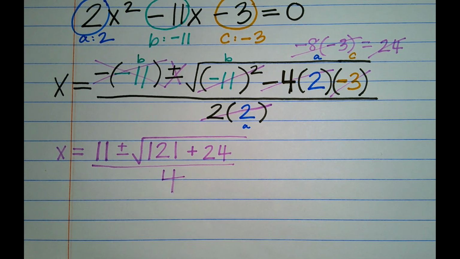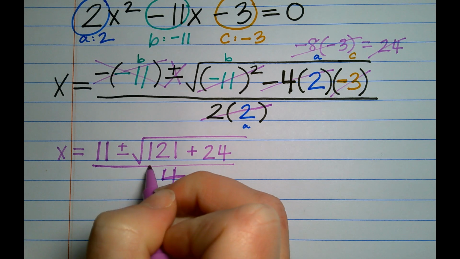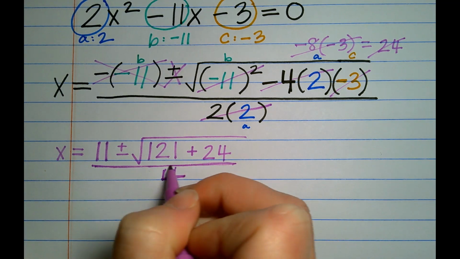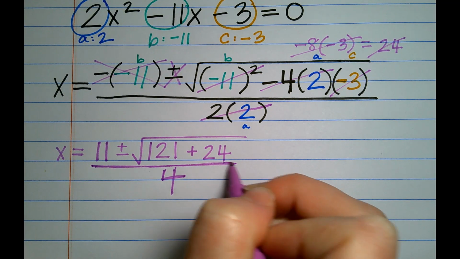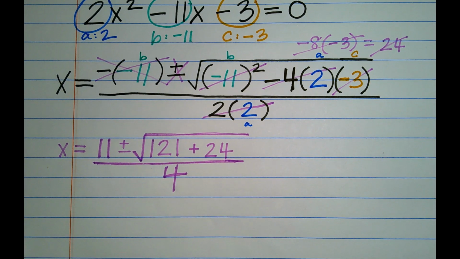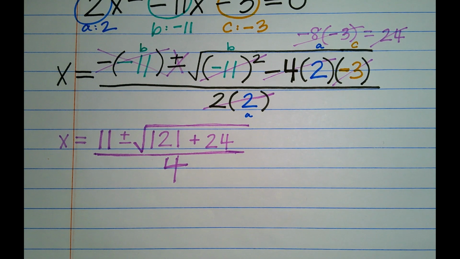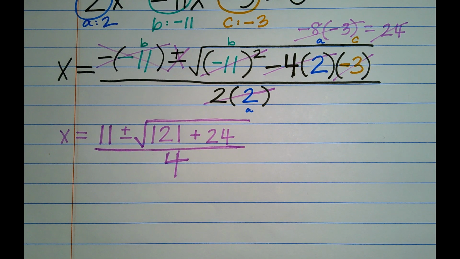Okay, so we've rewritten just about everything. We have rewritten everything. We're not quite done simplifying yet, but we've got a good starting point. I'm going to give everybody a moment to get caught up to there. 145. Yes, it will be 145 when you add those together.